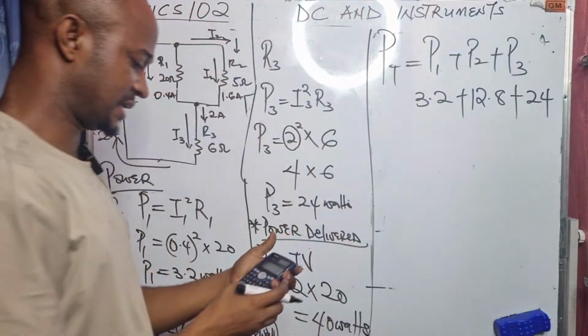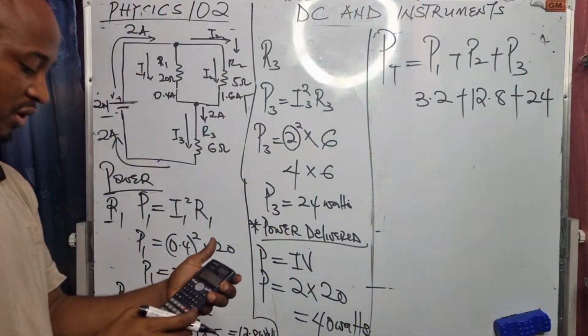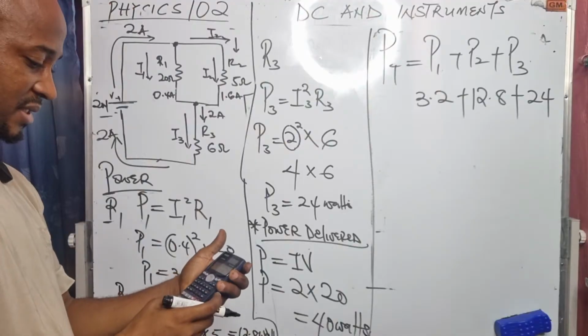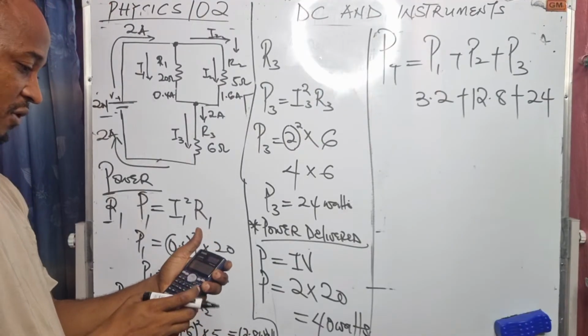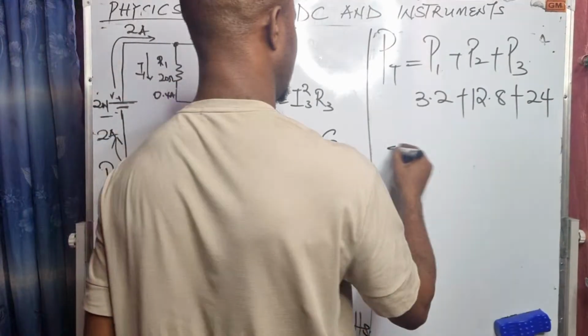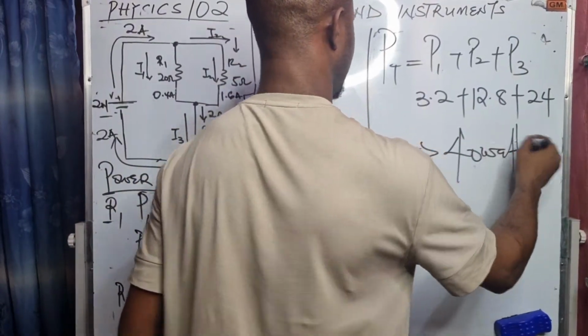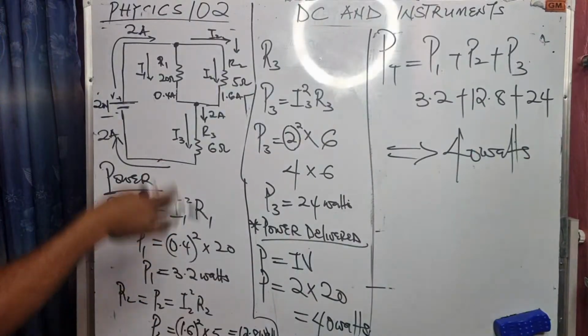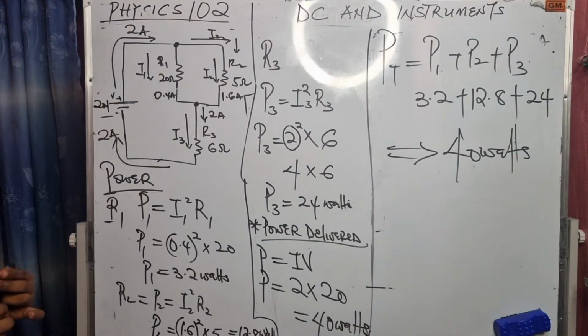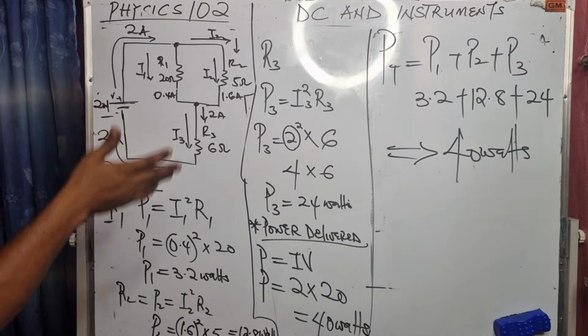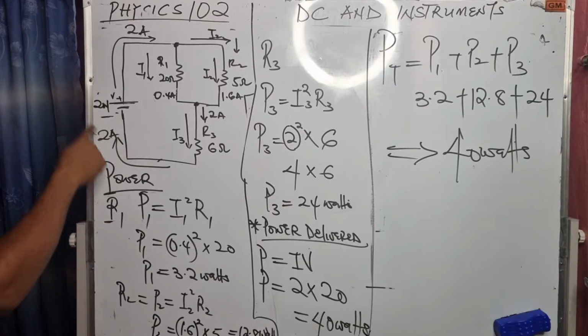Let's add this up: 3.2 plus 12.8 plus 24 gives us 40. So total power is still 40 watts. If you are confused, you can just sum up all the power absorbed by each of the resistors, and that gives us the power delivered by the battery.